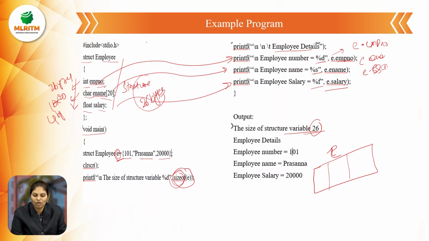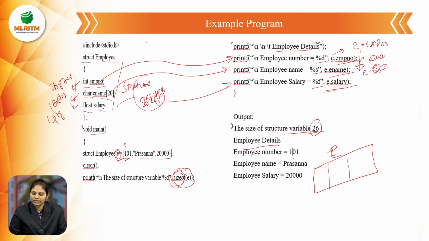You have to follow the order mandatorily. For example, for the character name you have to take it here, and for the employee number you have to give 101 here. So to retrieve the data and access the members in a particular structure, we use E dot employee number, E dot employee name and E dot salary.